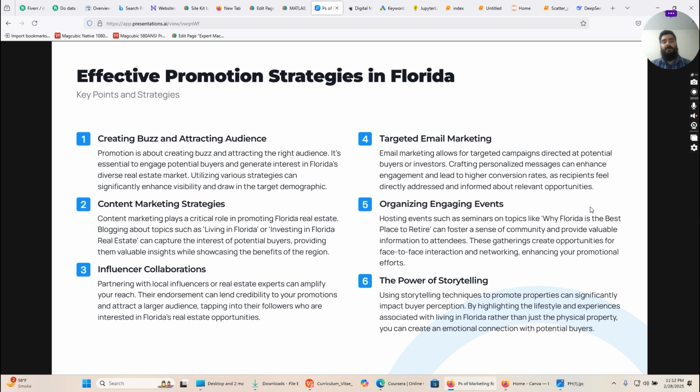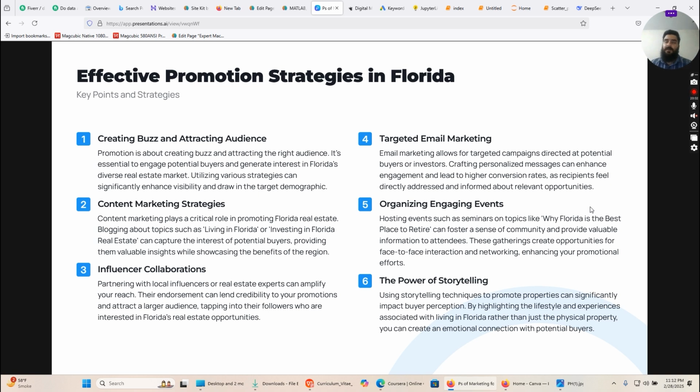Then there are content marketing strategies. What do we mean by content marketing? Basically, content marketing is a customer-centric approach, where you're producing content that is tailored to the audience that you're trying to target. One example is for customers who are seeking a luxurious lifestyle. You might want to generate content that resonates with that specific audience.